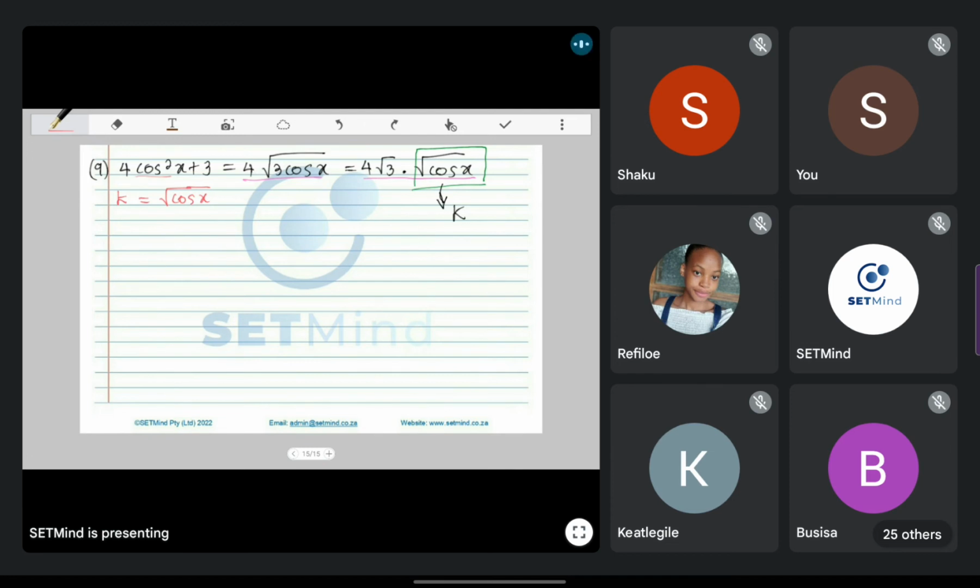I'm going to square my k, and when I square the k, I get cos x. But I'm looking for cos squared x, so I should square the k again. It's going to be k to the 4, and that's going to be cos squared x.